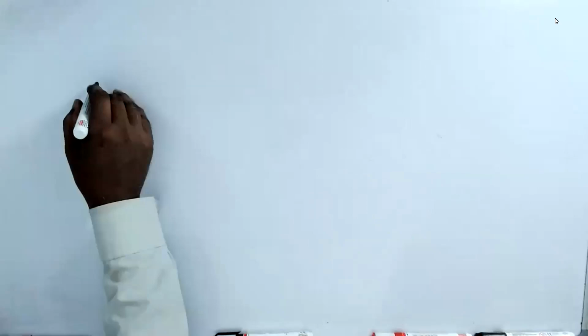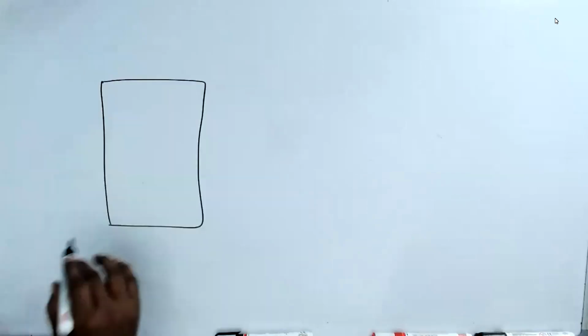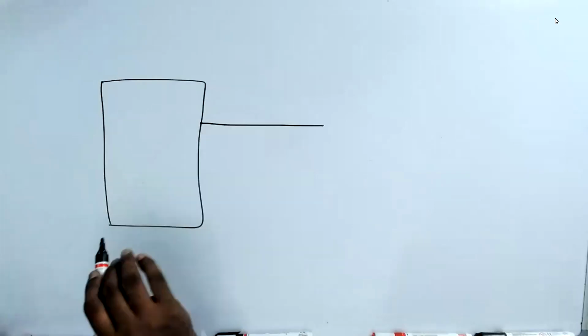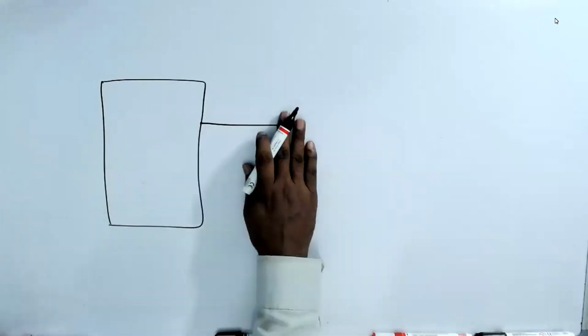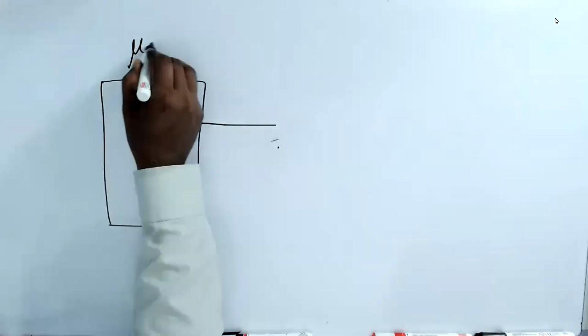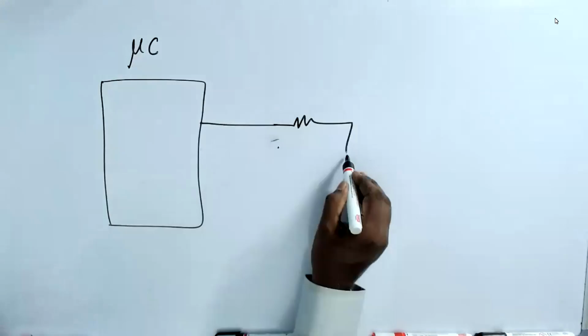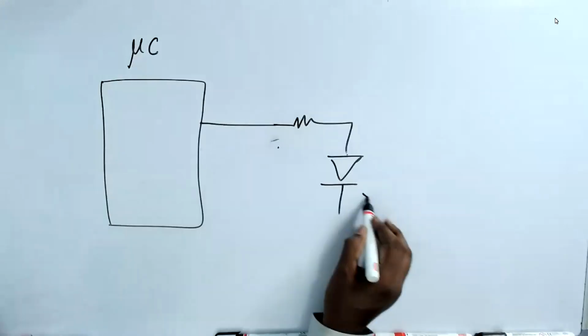We have discussed outputs. But the moment you say output, if I ask you one question, see here, I have a circuit. I have a microcontroller, a resistor, and an LED. These are all fixed.